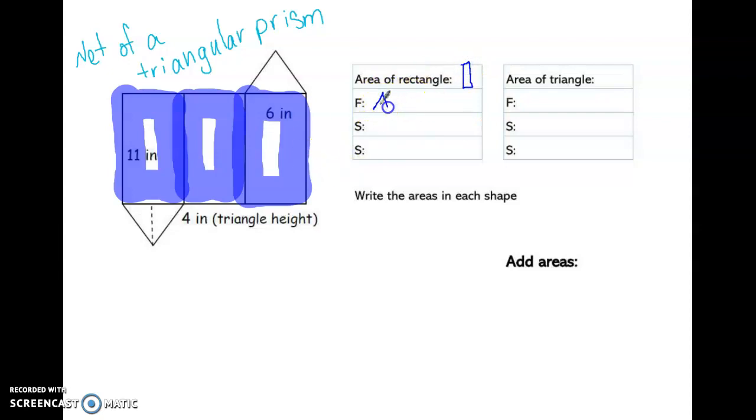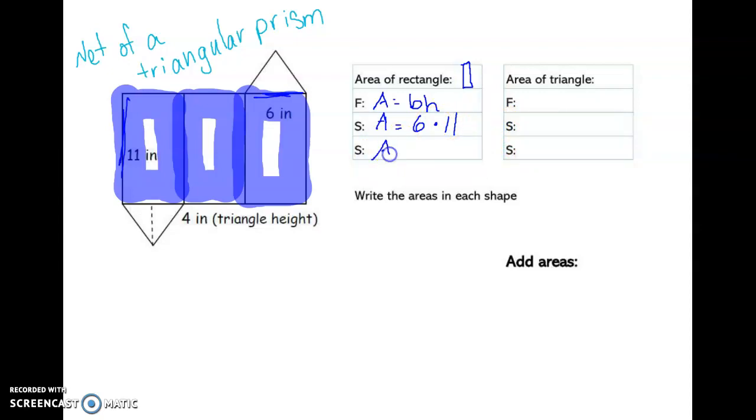The area of a rectangle is base times height. So our two measurements in our rectangle are 6 and 11. So we have 6 times 11. We always put our substitution here where we just write what numbers we're going to use and what math we're going to do before we do anything else.